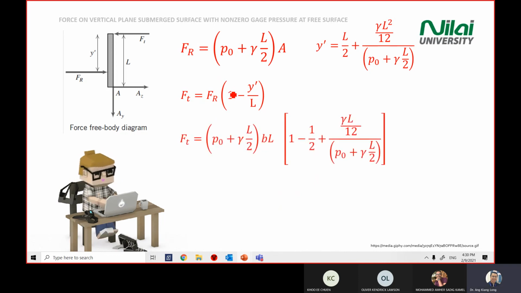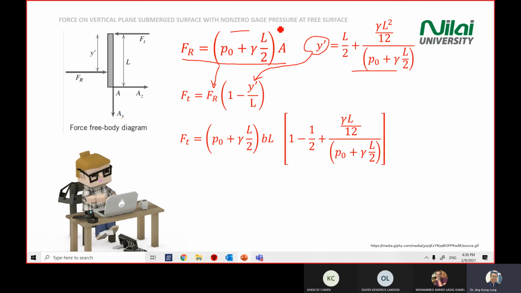So what we're doing here is we write everything in the equation. We substitute our FR here, and we substitute our Y prime here. So it's going to be a very big equation. So if you are not good in summarizing equations, you can go ahead and calculate the number first, right? And then you substitute inside here, right?